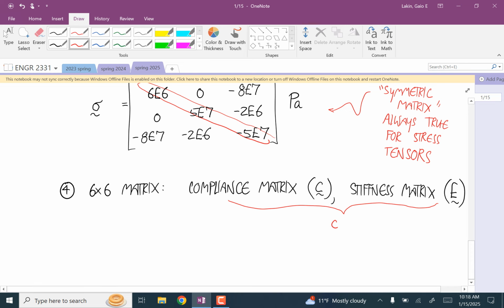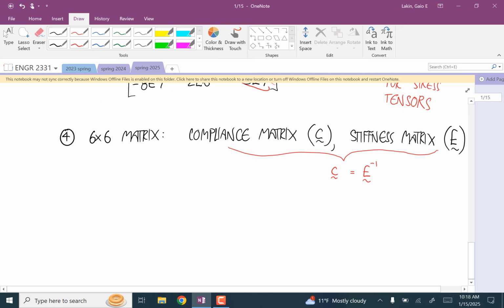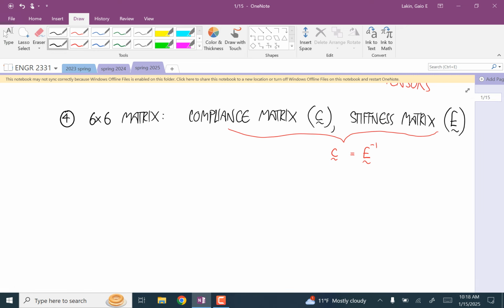So C is the inverse of E and vice versa. And it might seem pointless to write out 36 values in this matrix, but I want to give you a first glimpse at one that we're going to see over and over again.